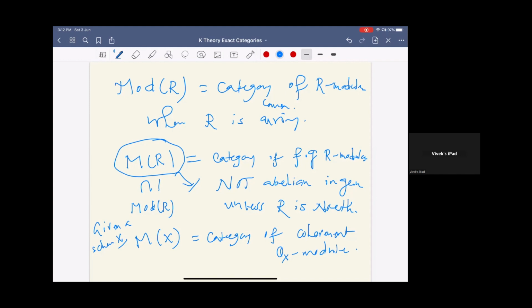As you already mentioned, K-theory of symmetric monoidal categories has been discussed. So there is also a notion of K-theory of abelian categories. But in K-theory of abelian categories, the problem is the following: if R is not Noetherian, then you cannot study the K-theory of mod R. Okay, so now we come to the exact category.